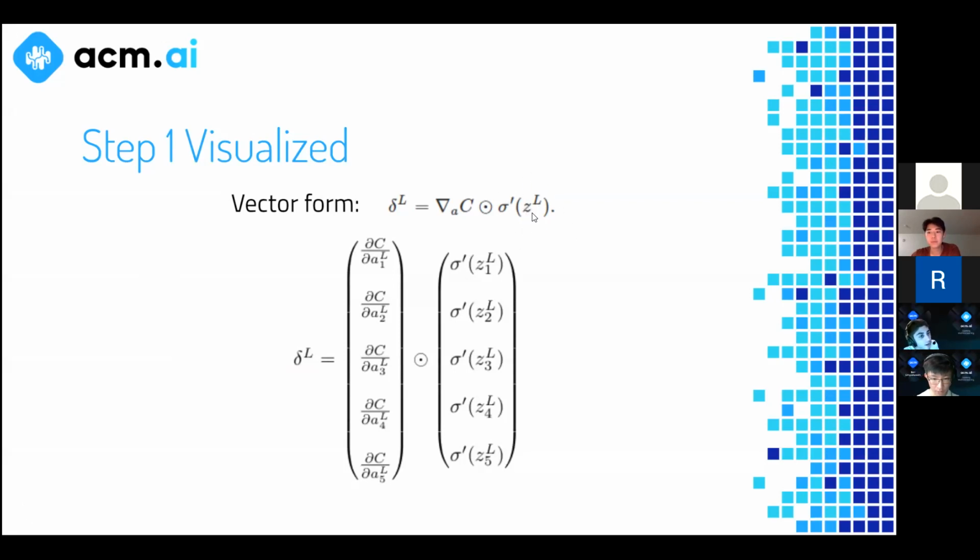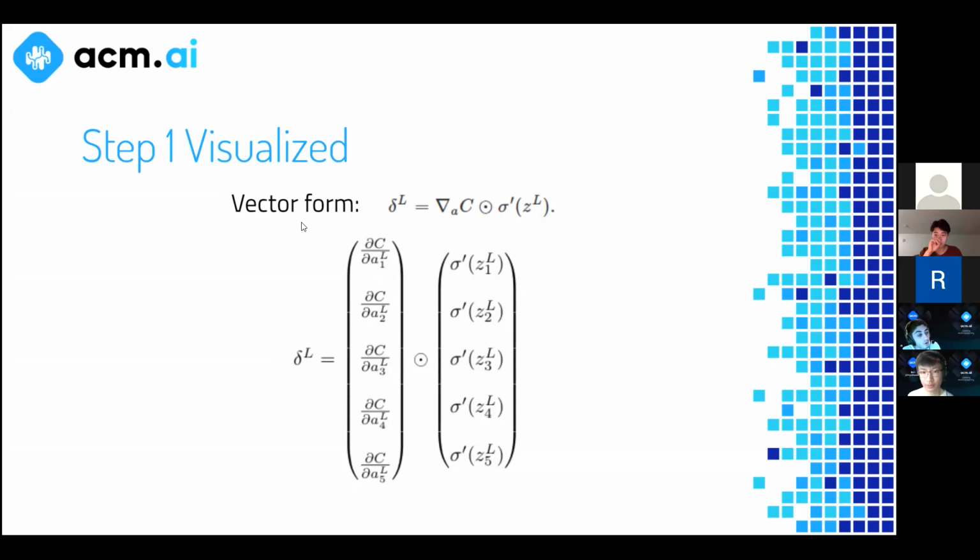We just have to compute these values, and then we find the element-wise product between each of these things. This guy multiplied by this guy, and so on. That's going to give us another 5 by 1 vector, which is equal to the error of the output layer. So we get 5 values, and each value represents the error in each corresponding neuron in the output layer.